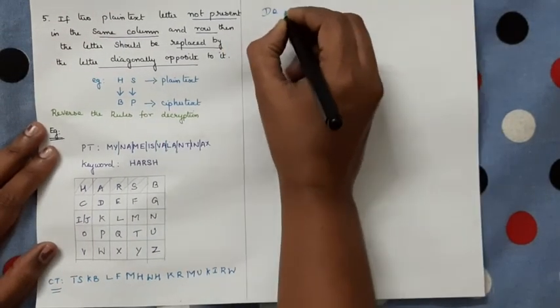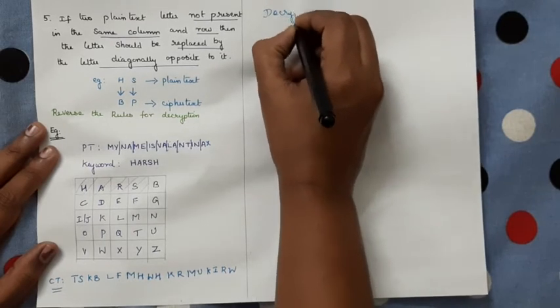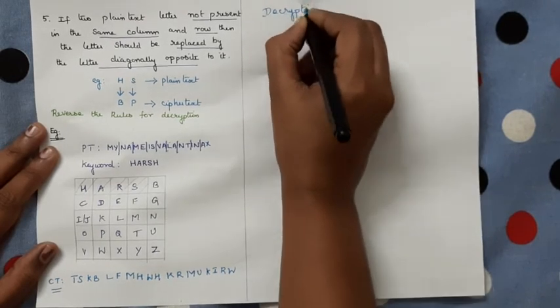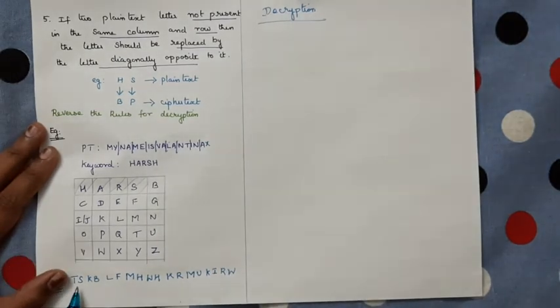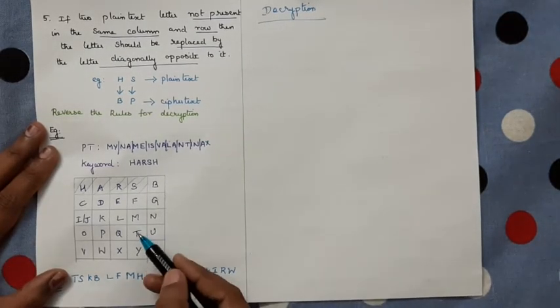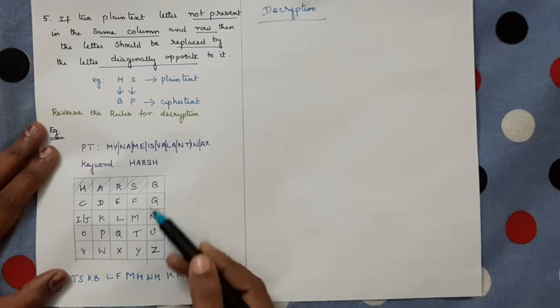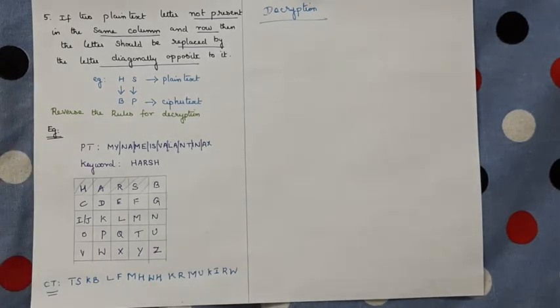So in case of decryption, I'm going to take TS. T is here, S is here. When they are in the same column, in case of encryption we took the bottom element, but in case of decryption you have to do the reverse of that, that is, you take the top element.